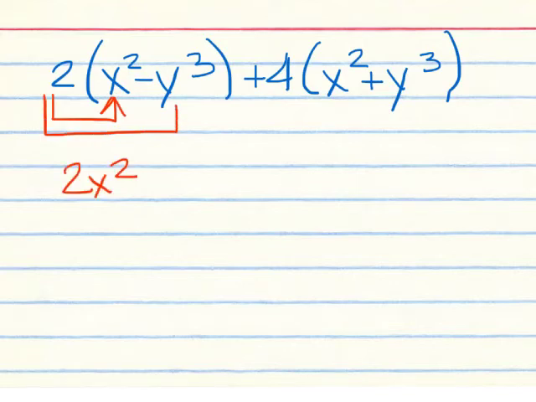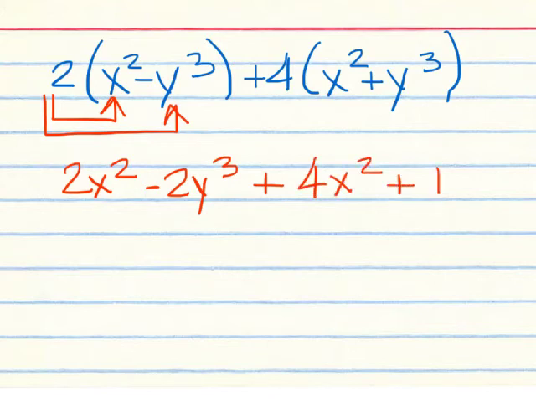And think of this as 2 times a negative y to the third, or 2 times minus y to the third. Either way, it should be minus 2y to the third. And then the same thing over here for the right side, 4 times x squared, and then 4 times y to the third.